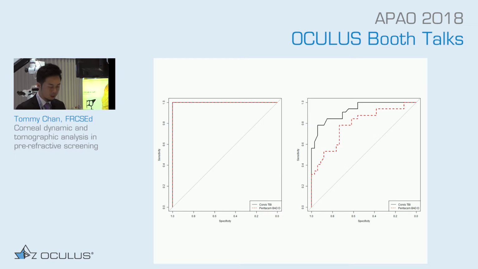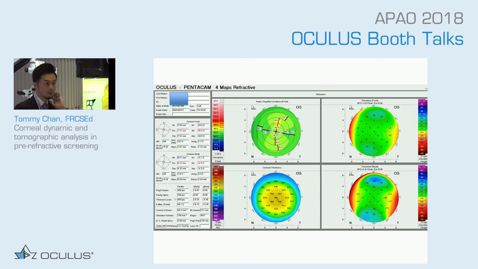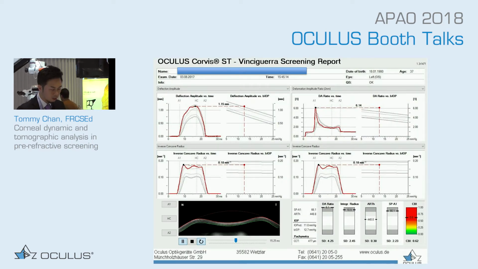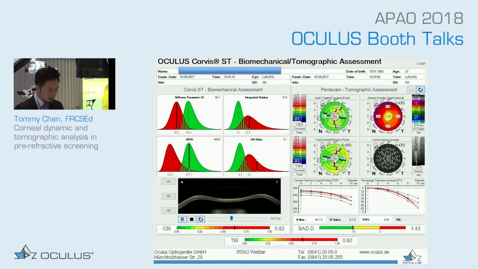So I have some examples to show today. These are my cases. This is a patient who came for refractive surgery, and the tomography is like this. On the BAD, we only find an abnormal corneal front of a D-front of 1.75, and overall they are normal. Then I tried to do the Corvis for this patient, and we found most of the parameters are abnormal. And the TBI is 0.62.